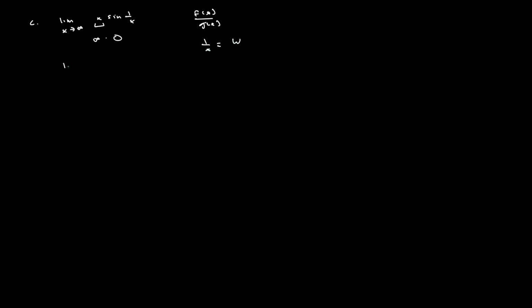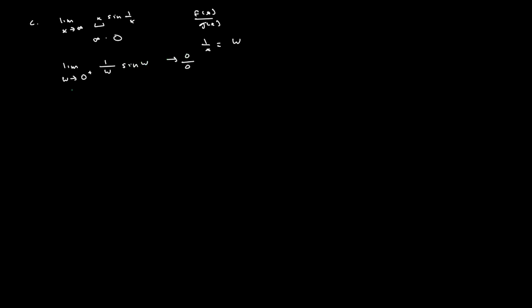And that will help us rewrite this limit as w tends towards 0 from the positive side, since as x tends towards infinity, w will tend towards 0. So rewriting this, we get limit as w tends towards 0 of 1 over w times sine w. And notice how this is still indeterminate of 0 over 0.